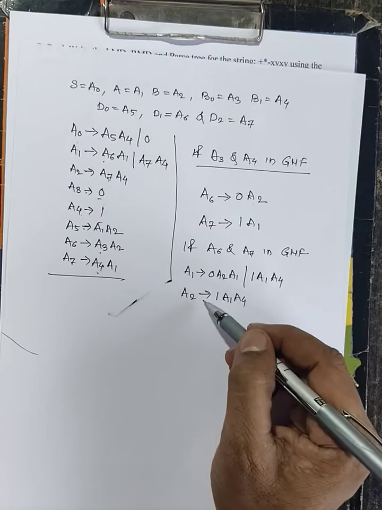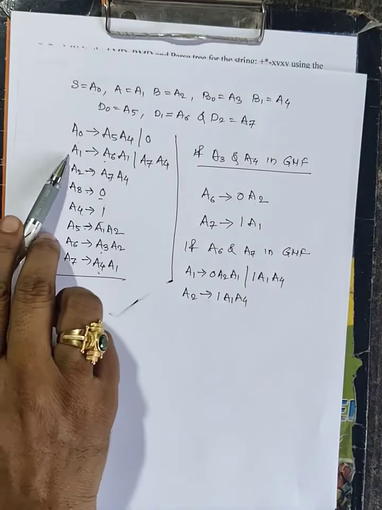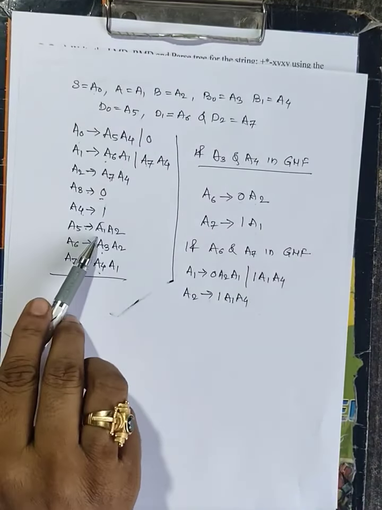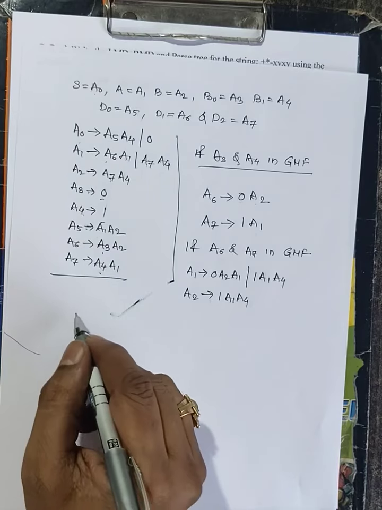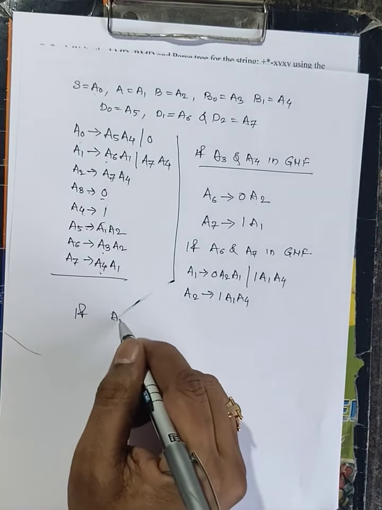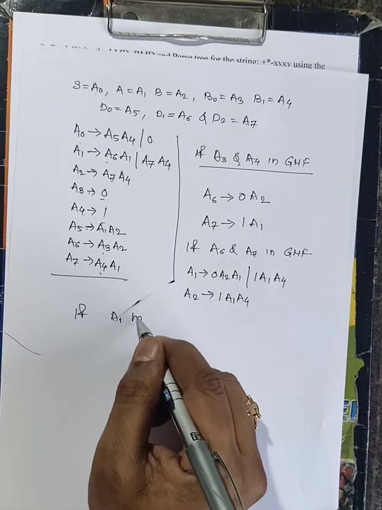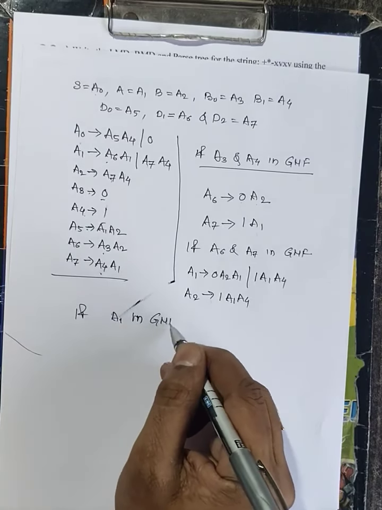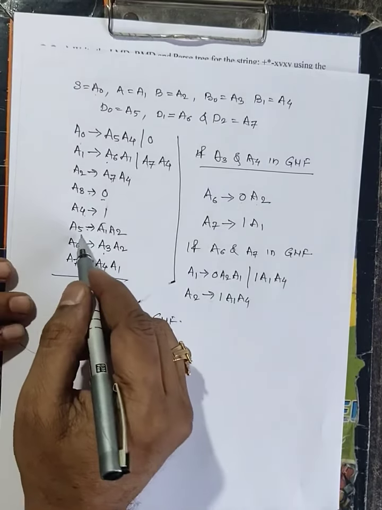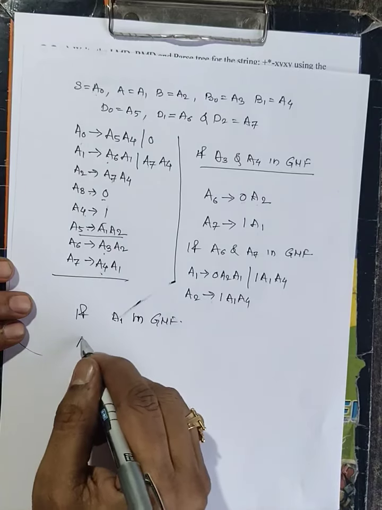If A1 is in GNF, then we can convert A5 into GNF.